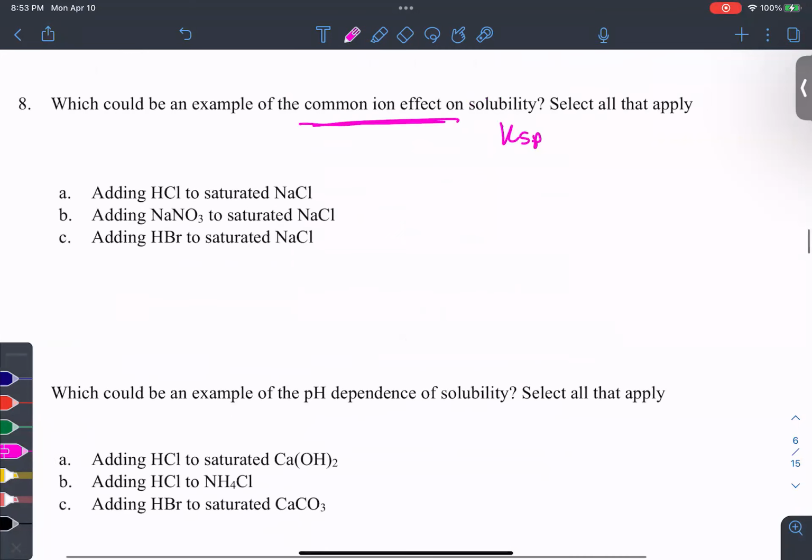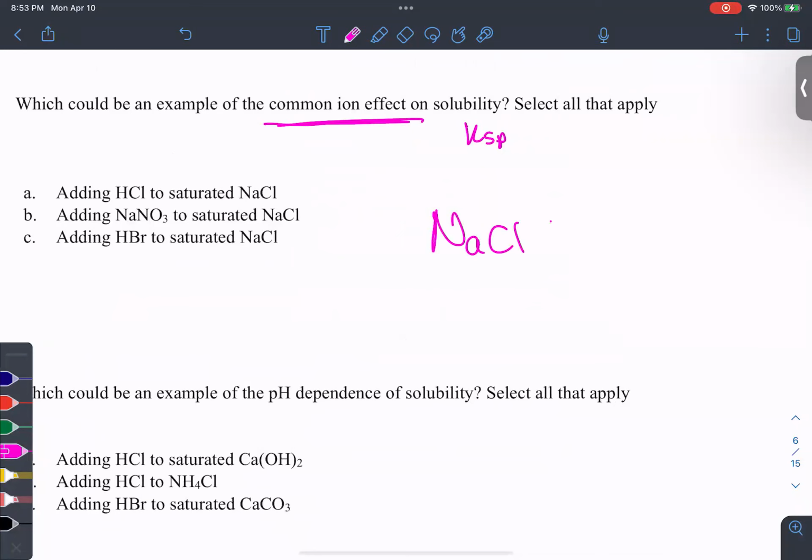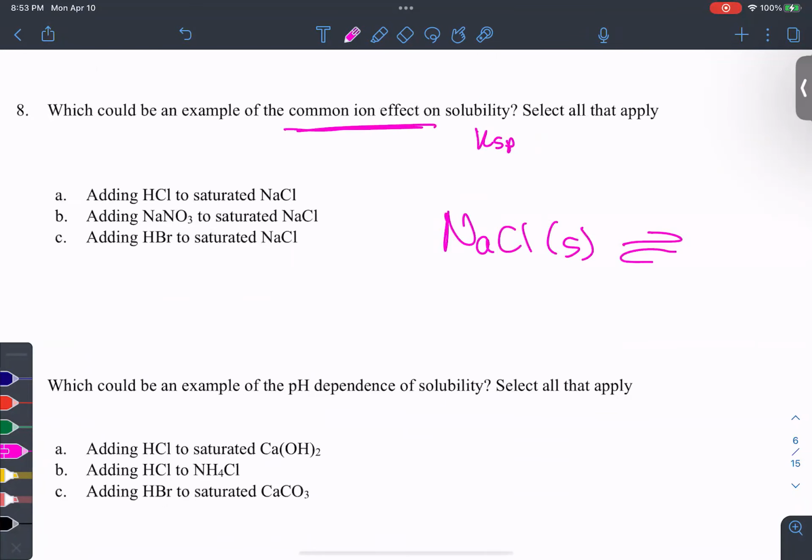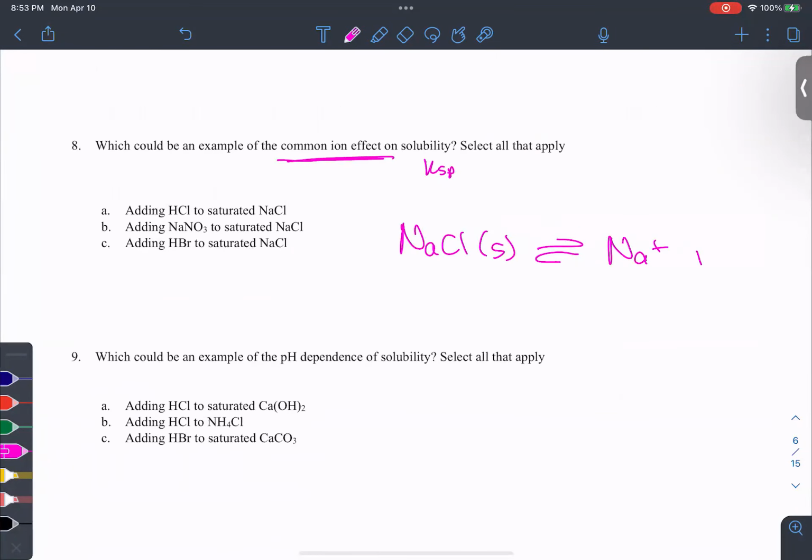If we had NaCl solid, and we wrote out its KSP expression, if we add HCl to this system at equilibrium, does Le Chatelier predict anything? The reaction's going to shift which way if we add HCl? Yes, we're adding acid, but technically we're adding chloride minus. So we're adding a product, so the reaction's going to shift to the reactant side.